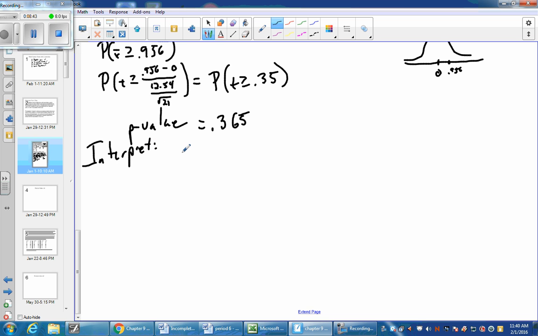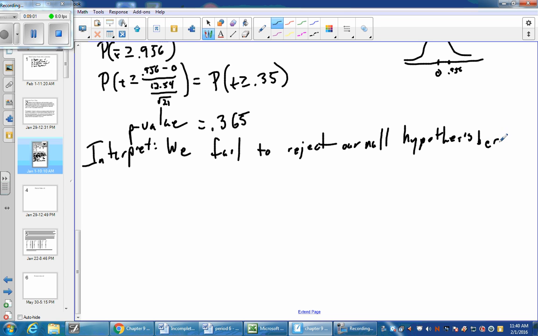For our interpretation, we fail to reject our null hypothesis because our p-value of 0.365 is greater than alpha equals 0.05.